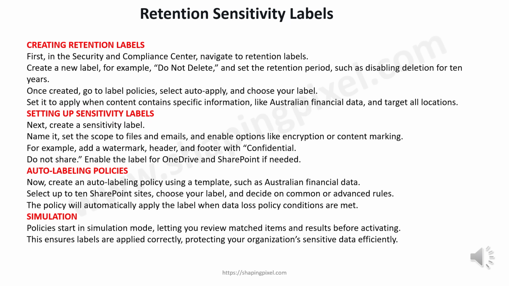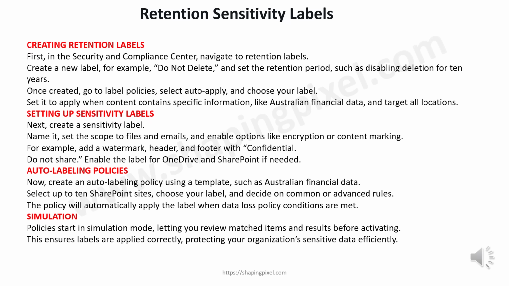Automatically applying labels based on data loss policy matches helps organizations protect sensitive information and manage retention. Let us walk through how to set up both retention and sensitivity labels and then apply them automatically using policy matches. First, in the Security and Compliance Center, navigate to Retention Labels.